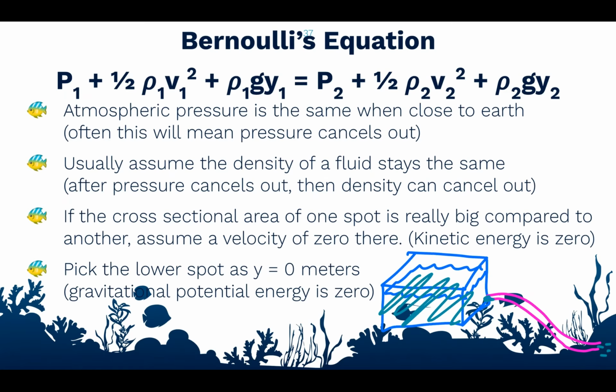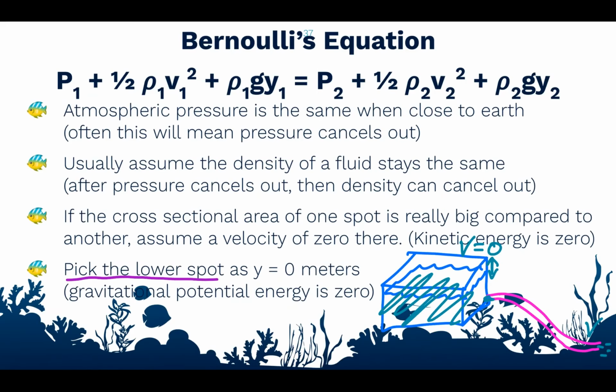But if I look at the height of this and how fast this is going to be going up and down, it basically isn't moving. Like literally the wind might make more movement in the top of the pool than what this hose is going to make. So this is where I would say that the velocity at the top of this is 0, but the velocity down here is big.